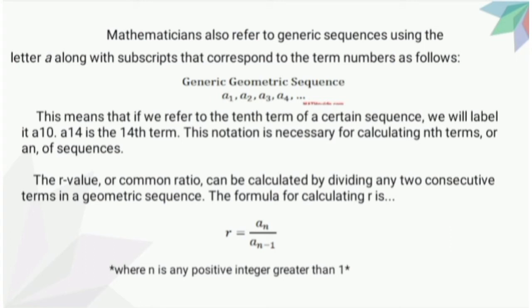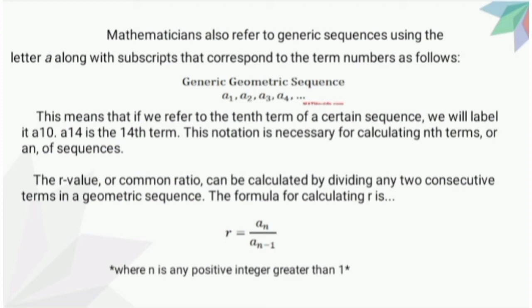Mathematicians also refer to a generic sequence using the letter a along with a subscript that corresponds to the term number as follows: a1, a2, a3, a4.